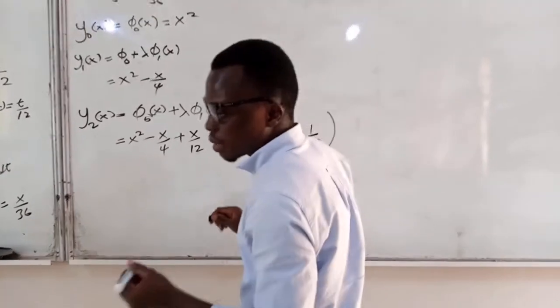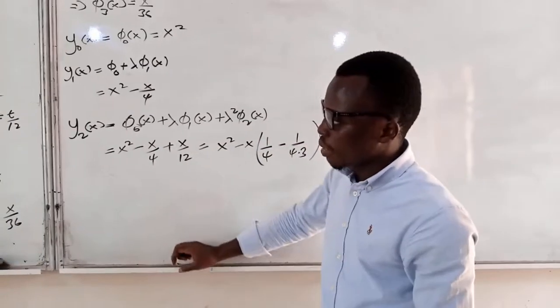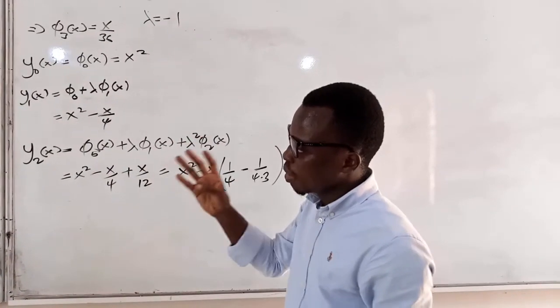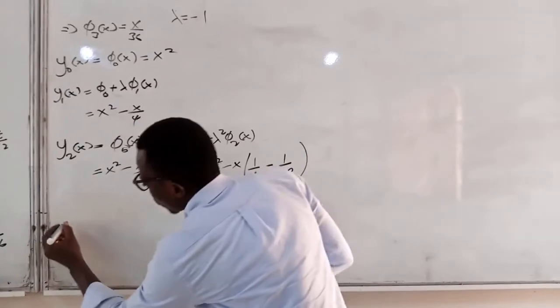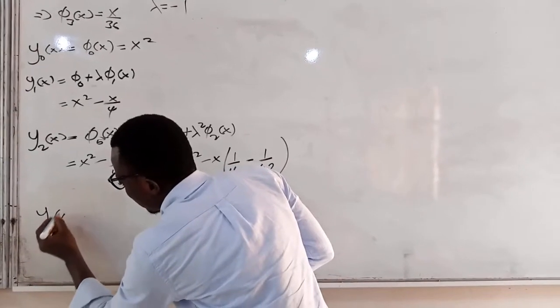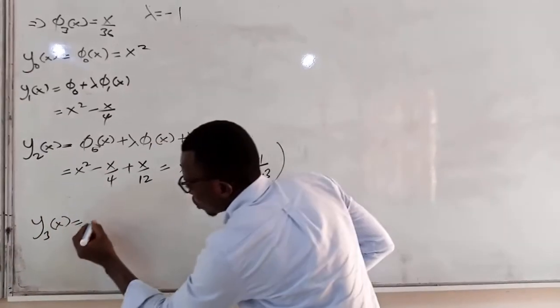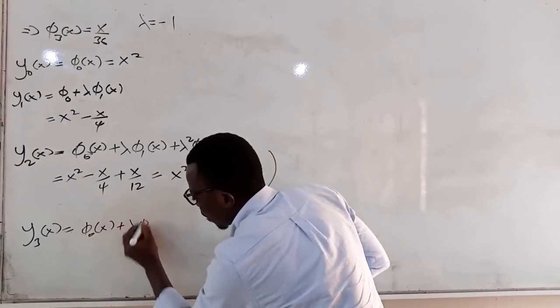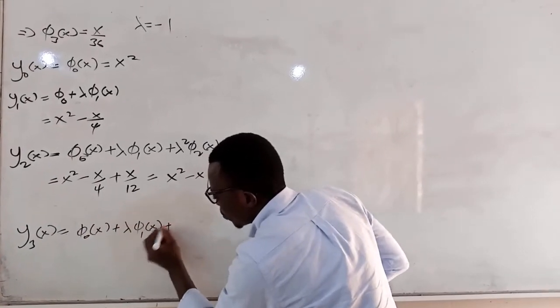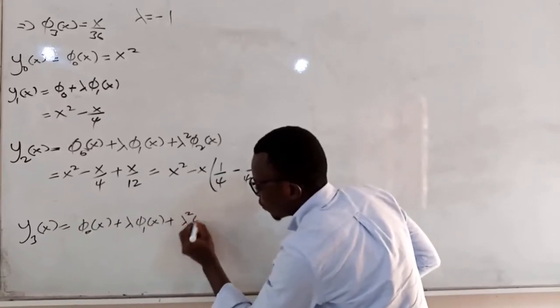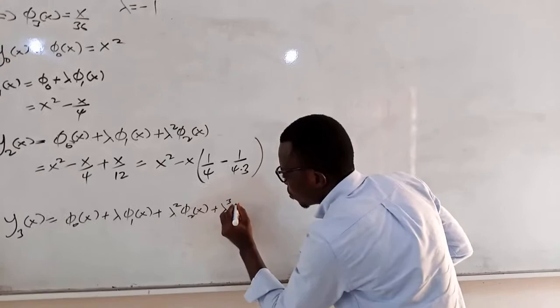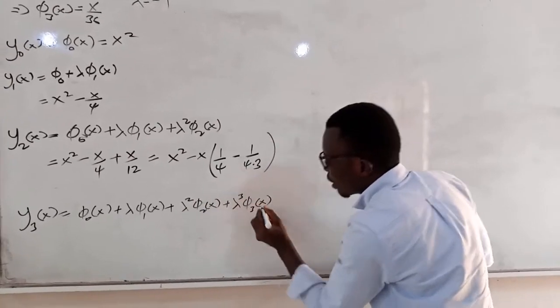And then the solution is y3. y3 of s, because they say 3 successive approximate solutions, is phi naught of s plus lambda phi 1 of s plus lambda squared phi 2 of s plus lambda cubed phi 3 of s.